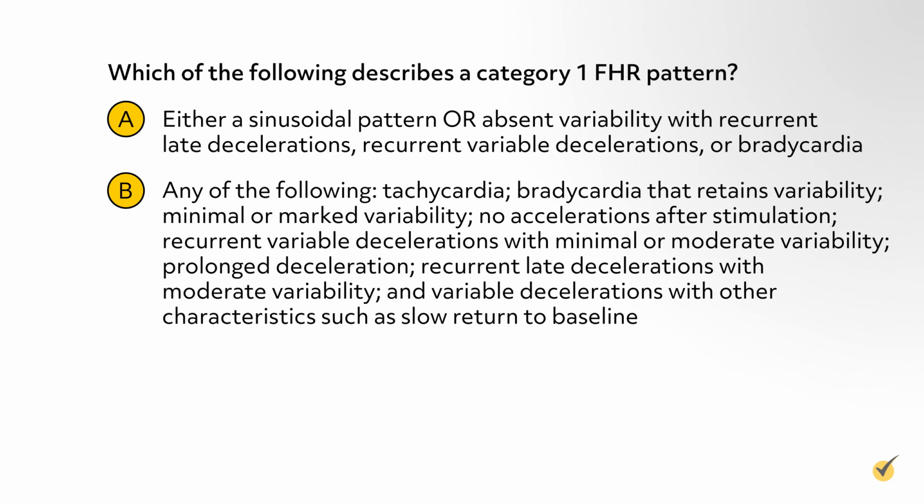B. Any of the following: tachycardia, bradycardia that retains variability, minimal or marked variability, no accelerations after stimulation, recurrent variable decelerations with minimal or moderate variability, prolonged deceleration, recurrent late decelerations with moderate variability, and variable decelerations with other characteristics such as slow return to baseline.